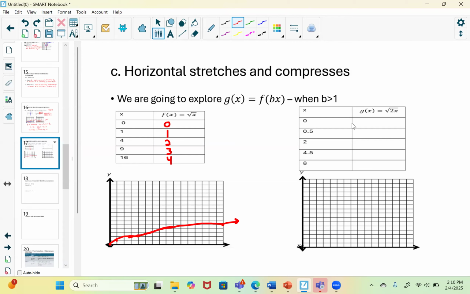Okay, so if I do 0, I have the square root of 2 times 0, which is 0. The square root of 2 times 0.5. 2 times 0.5 is 1, and the square root of 1 is 1. The square root of 2 times 2, which is the square root of 4, is 2. And the square root of 2 times 4.5 is 9. The square root of 9 is 3. And the square root of 2 times 8 is the square root of 16, which is 4.